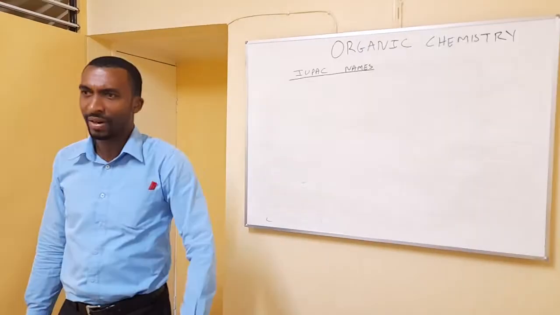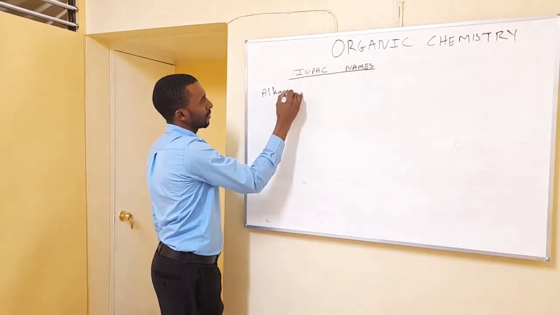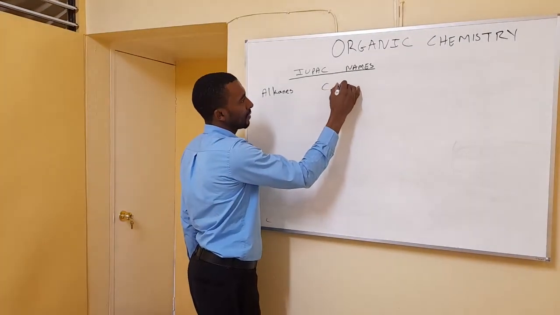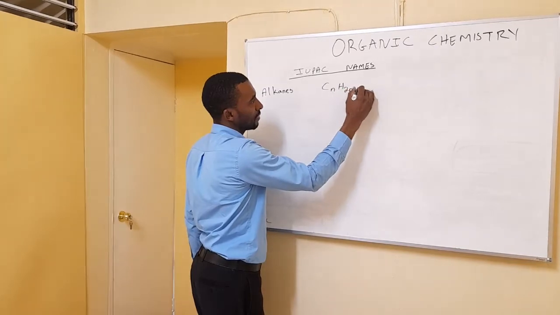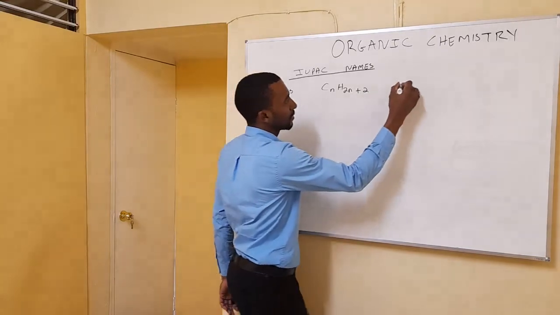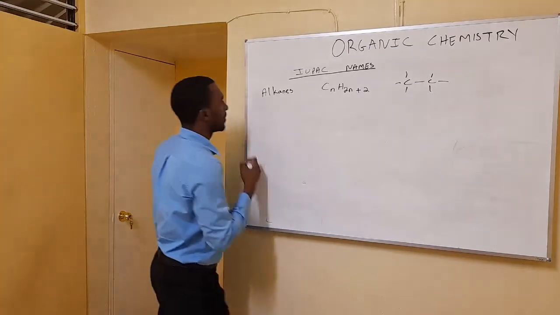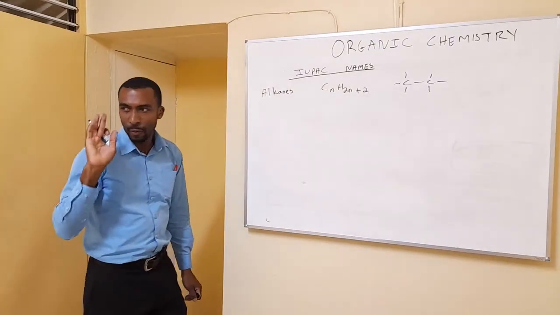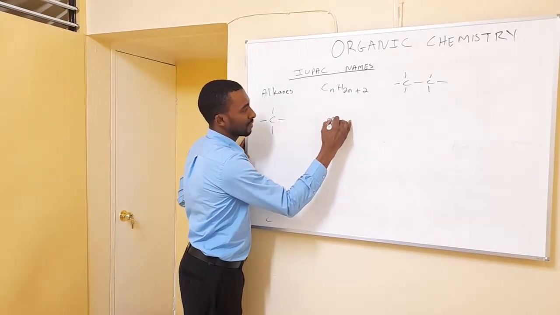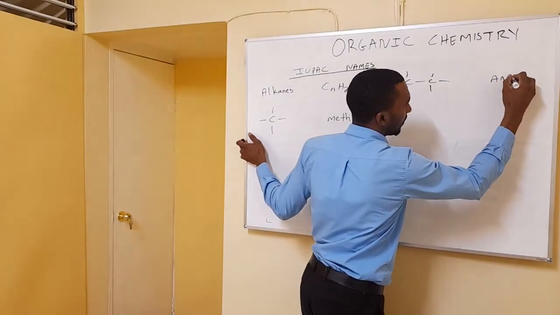So organic compounds. Let's focus on alkanes. The general formula is CnH2n+2, and the functional group is C single bond C. For the first member, we have one carbon atom, so the prefix is meth, and the name ending must be ane.